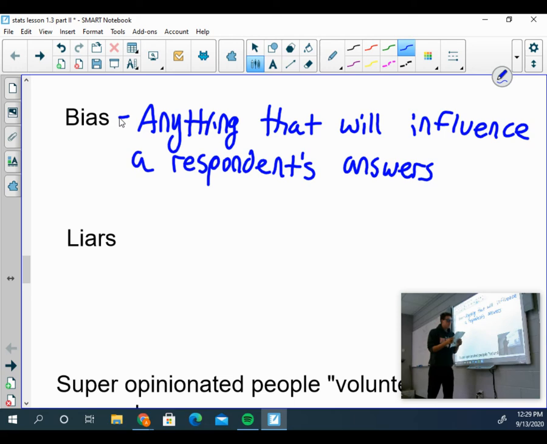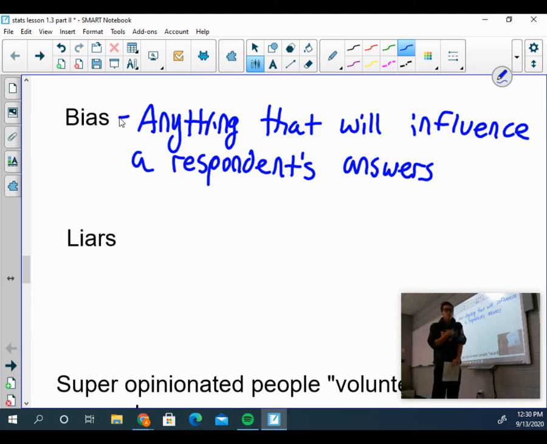And this could be a million different things. It could be my fault as the interviewer. And we'll talk about this a little more, but maybe the way I'm asking the question, maybe it's the tone I'm using. Maybe it's the environment we're in. Maybe it's some preconceived notions or biases or prejudices that the person answering has.